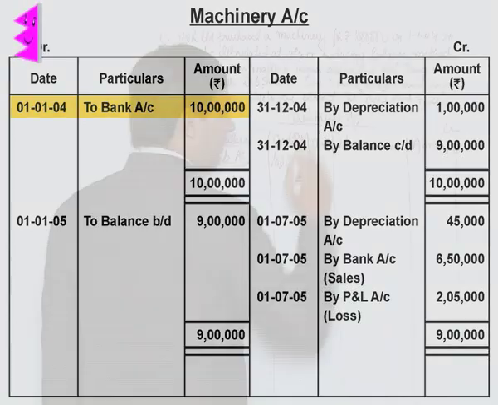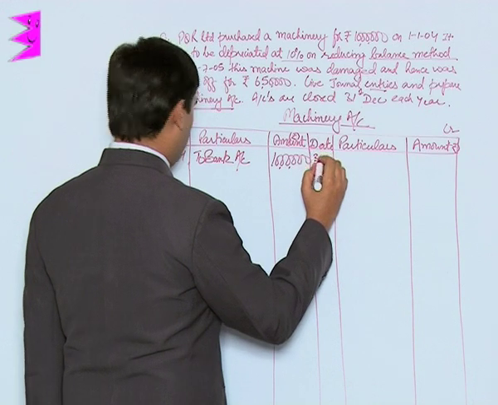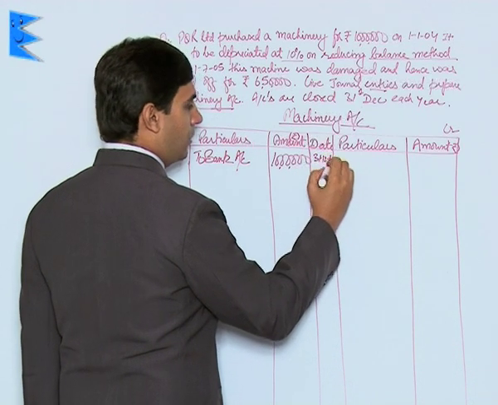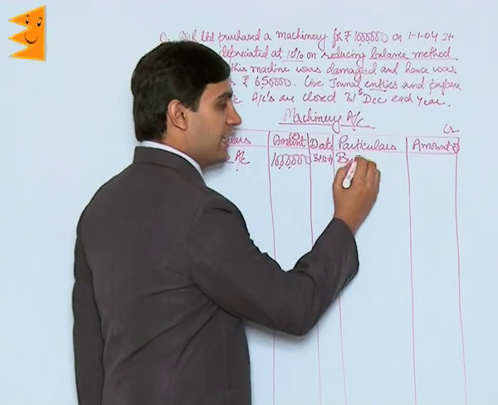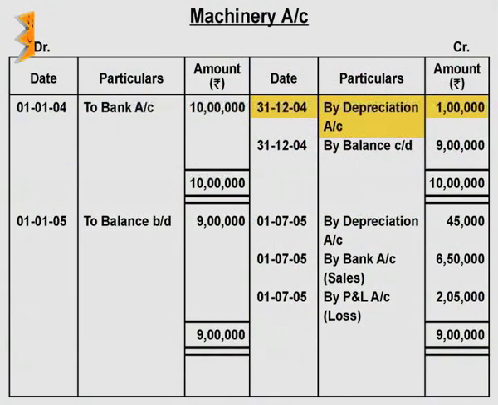Now accounts are closed on 31st December each year. So at the end of this year, that is on 31/12/2004, depreciation would be charged. It would be recorded as by depreciation account, that is 10% of this 10 lakh. So depreciation is rupees 1 lakh.